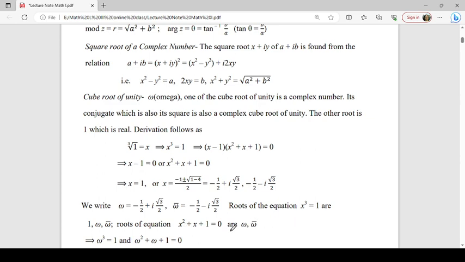And because omega is a solution of x square plus x plus 1 equal to 0, if we write omega in place of x, we will have omega square plus omega plus 1 equal to 0. And what we have, omega square is equal to omega bar, omega is omega, then 1 is cube root of 1. So these three are all cube roots here, and the sum is 0.